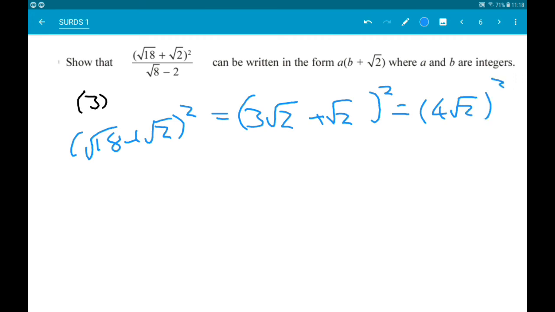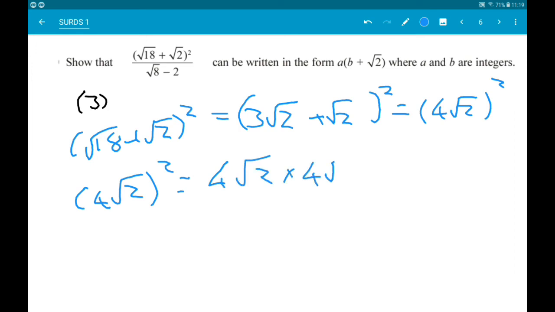Now 4 root 2 all squared means 4 root 2 times 4 root 2. Now, 4 times 4 is 16, root 2 times root 2 is 2, so this is 32.